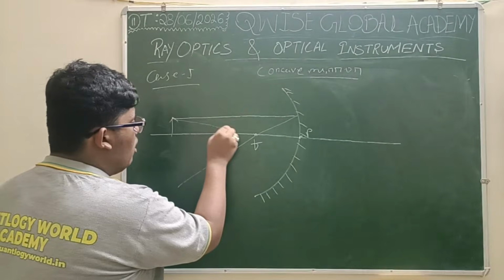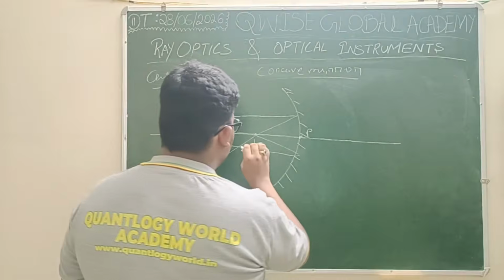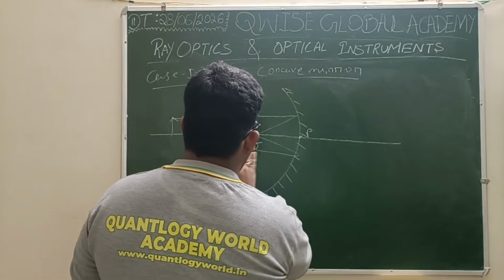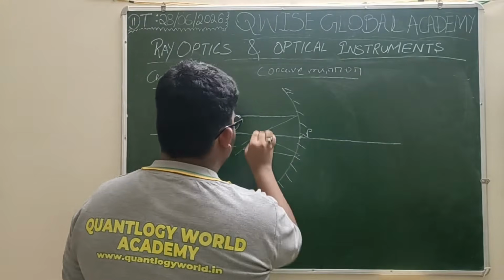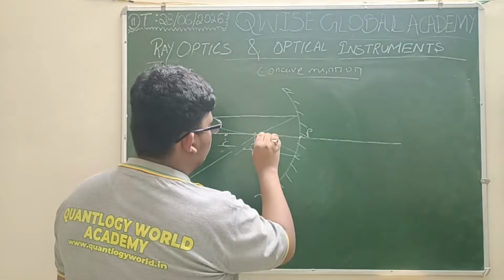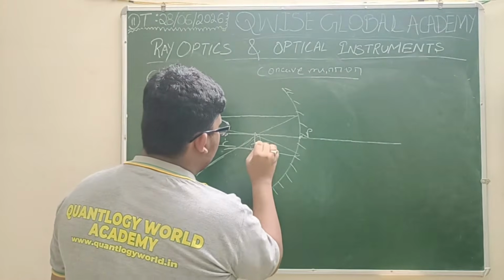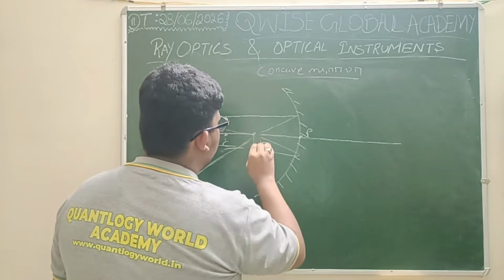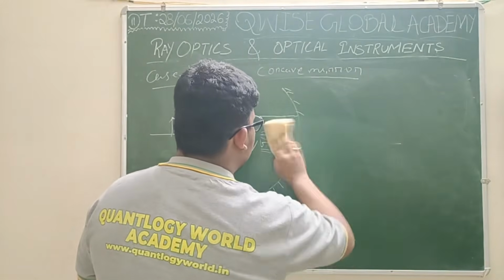Another ray of light goes to the focus and returns back. Where both light rays meet, there the image forms, that is at the focus. So this is the first case.